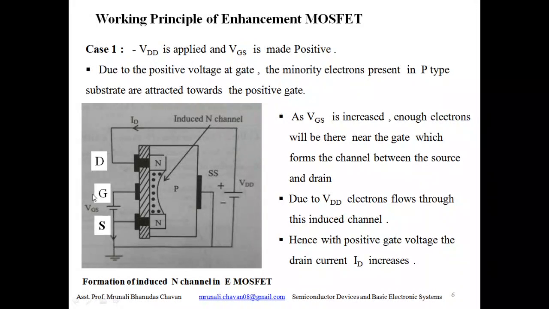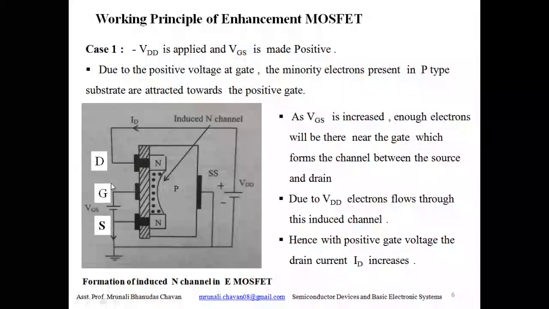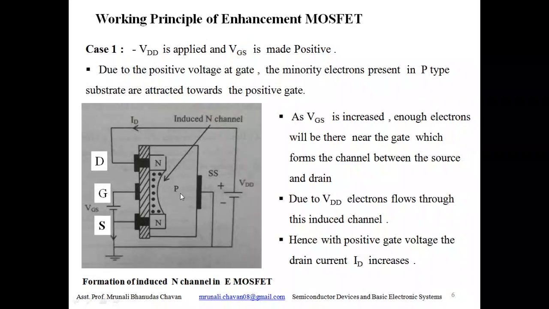Here we applied positive voltage at gate, and due to this positive gate voltage, the minority electrons which are present in the p-type substrate will be attracted towards the positive terminal, that is positive gate.